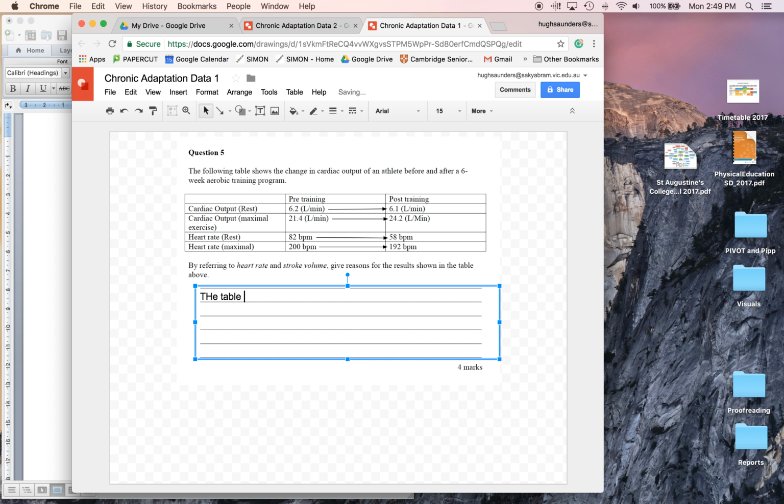What was just analysed before is the table. We'll do rest first of all. The table shows that cardiac output is unchanged at rest and heart rate decreases at rest.